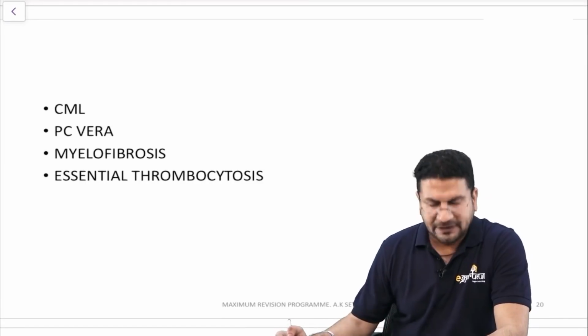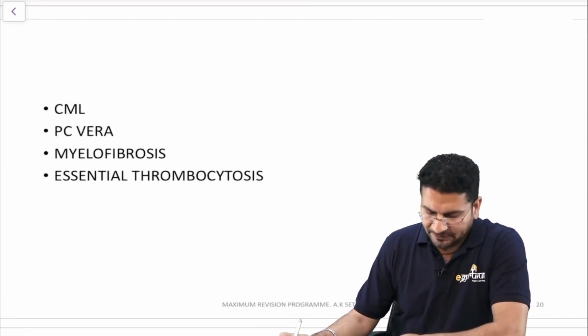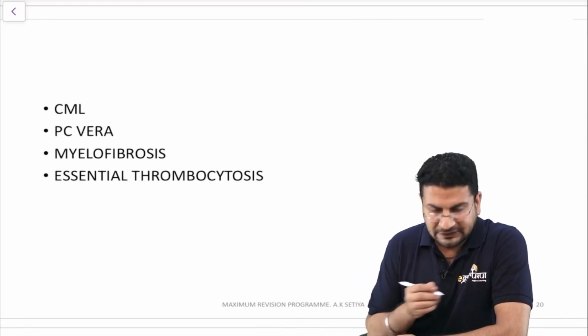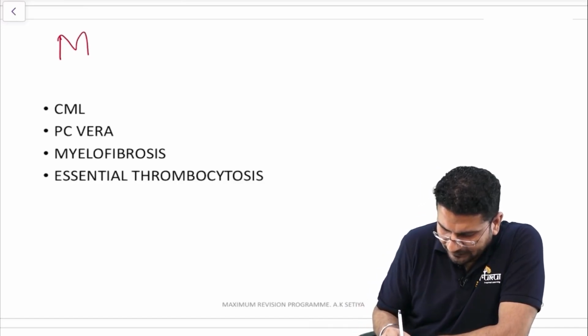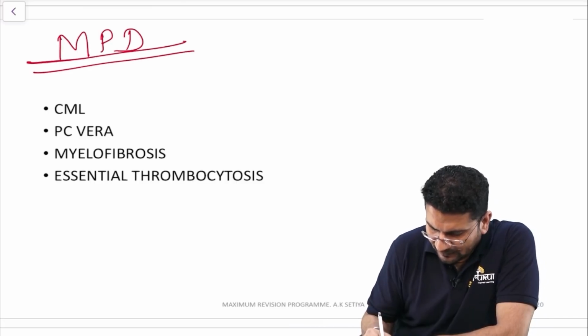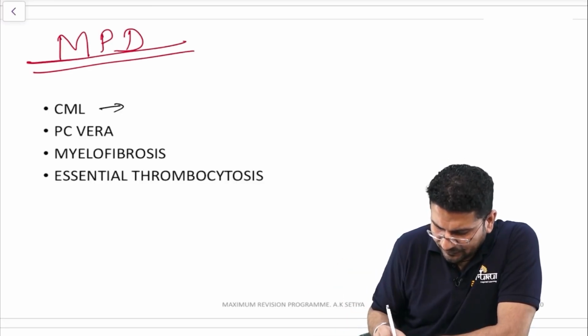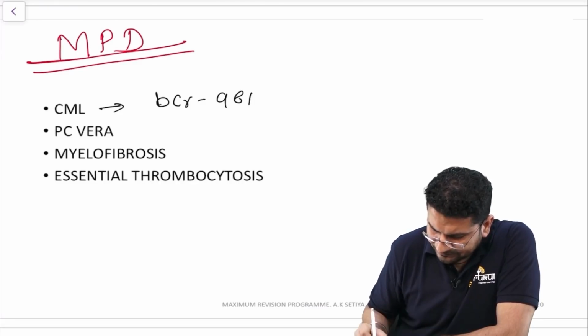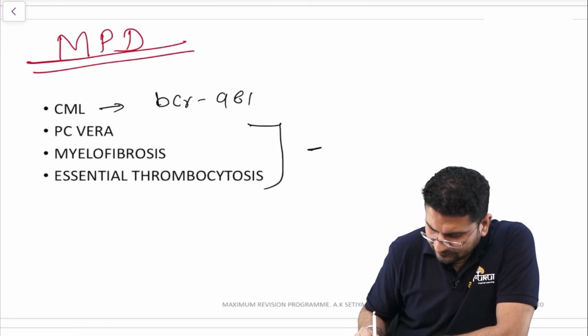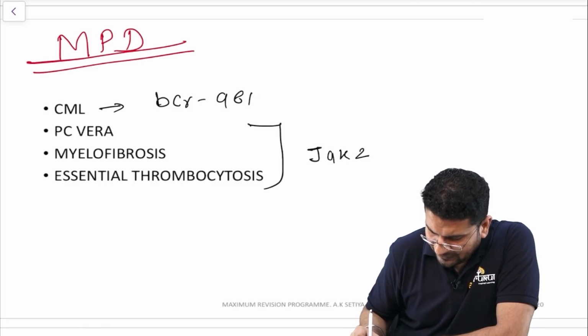If I say CML, chronic myeloid leukemia, polycythemia vera, myelofibrosis, essential thrombocytosis, these are four disorders which we call myeloproliferative disorders, MPD. Out of these, CML occurs due to BCR-ABL gene mutation, whereas the other three occur due to JAK2 kinase mutation.